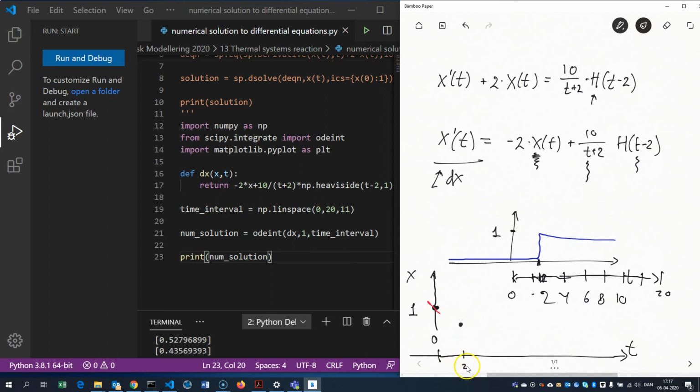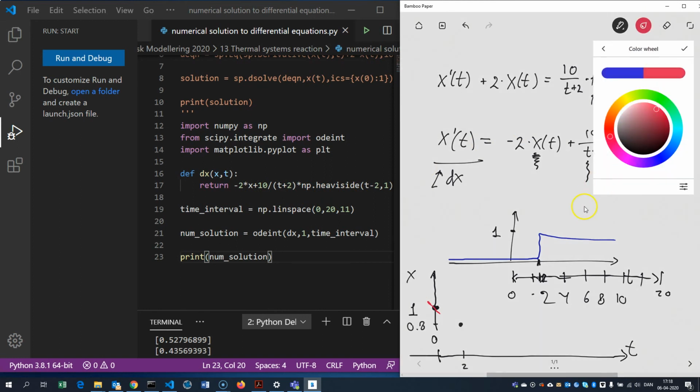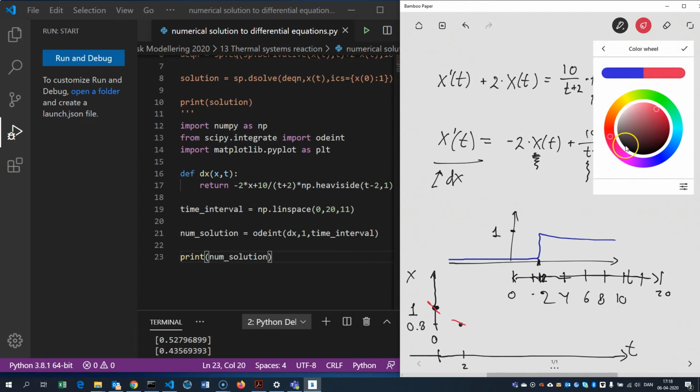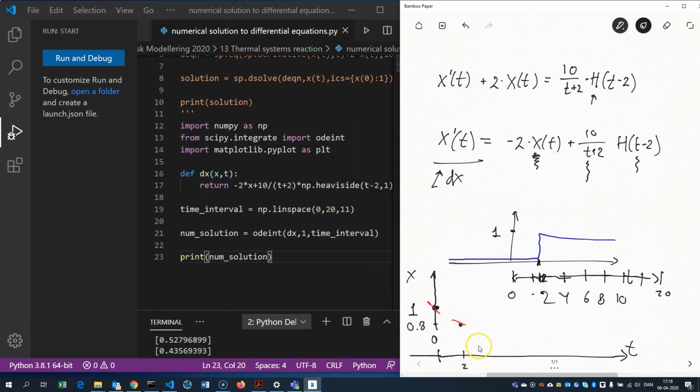And at this point, we know what time it is, and we know that the solution is, I don't know, 0.8 or something like that. So those two numbers are then passed again to the differential equation, which in turn computes the slope. So we need to change the color again. And let's say the slope is now like that. And then the solver, using that slope and the fact that we're placed here, computes, and it looks like the next solution point is here.